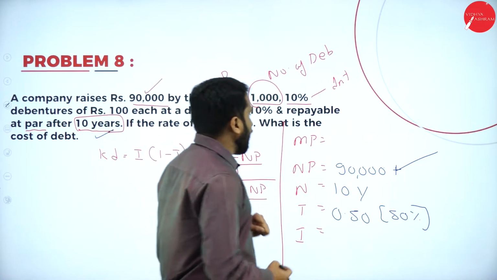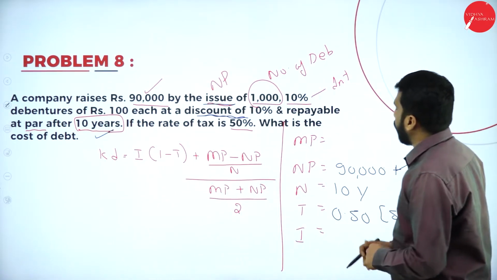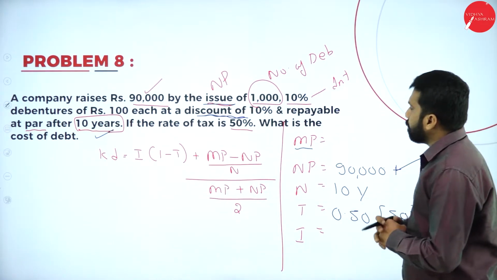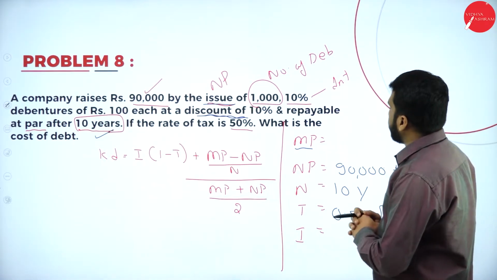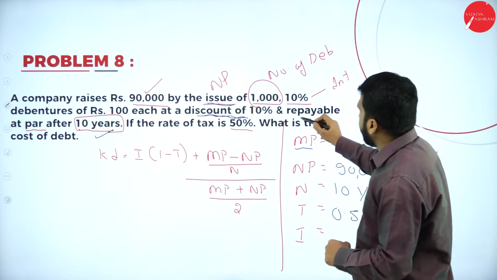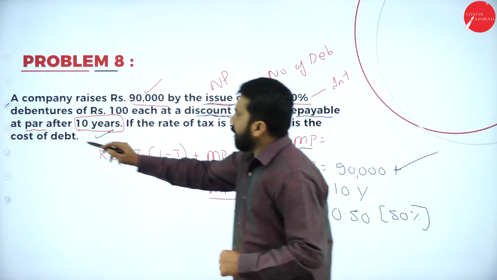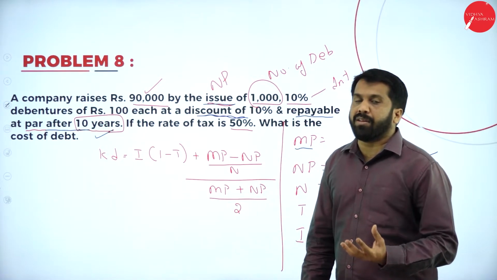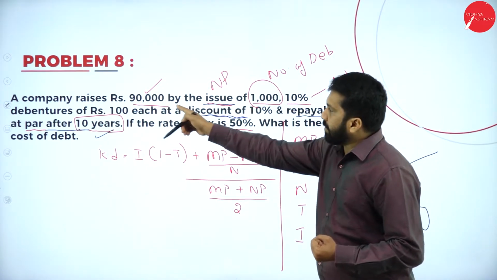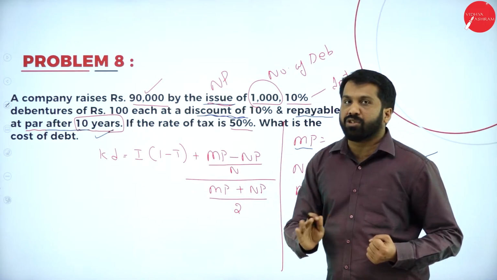Now, I'll come back to your MP. MP means what? Your marginal price. Marginal price is very simple. They have mentioned repayable at par. At par means what? Actual value. What is the actual value? 90,000 is not the actual value.